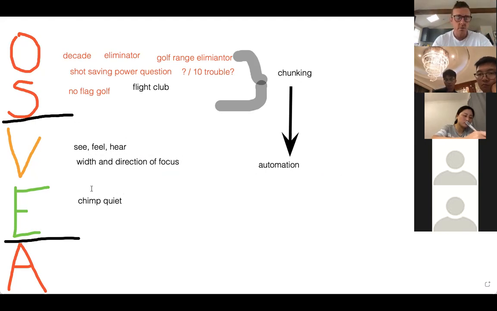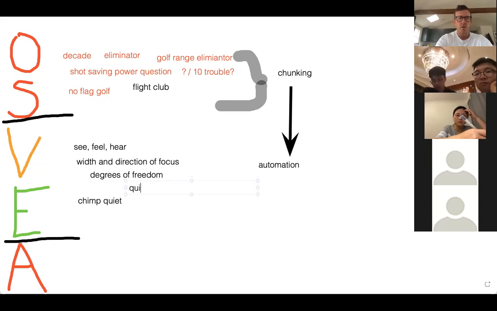Another one, degrees, which you've talked about, of freedom. And then something that I do like, that works, quiet eye.